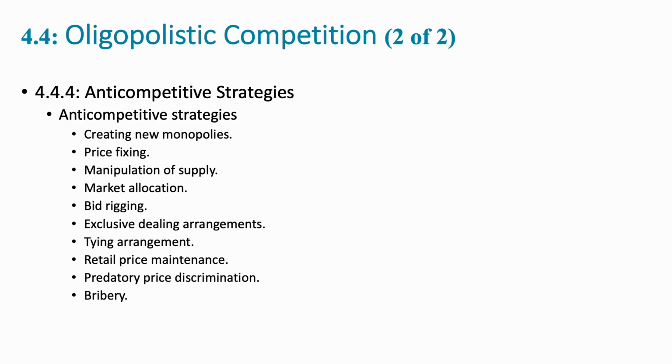Let's talk about some of those anti-competitive strategies that we're going to see with oligopolies and, to some extent, monopolies. In oligopolistic competition, you might see companies creating new monopolies. For example, if they have a monopoly in one market, they're going to use that power to create monopolies in another market.